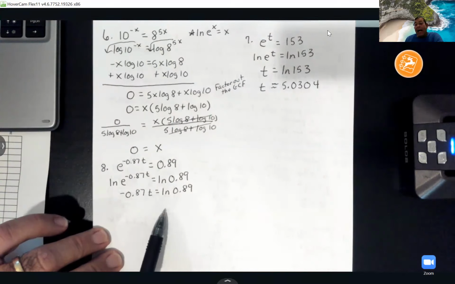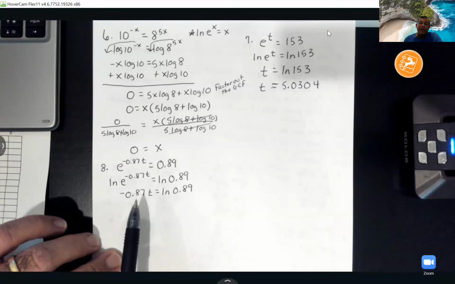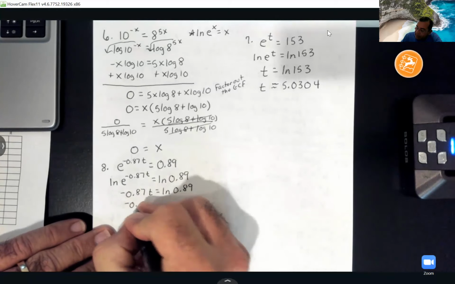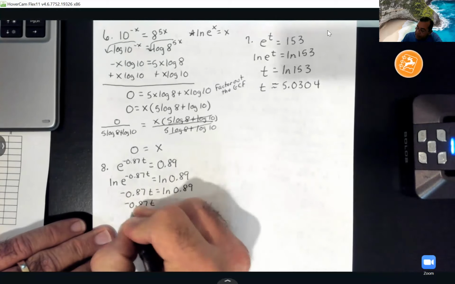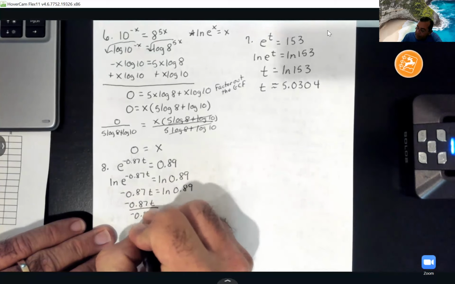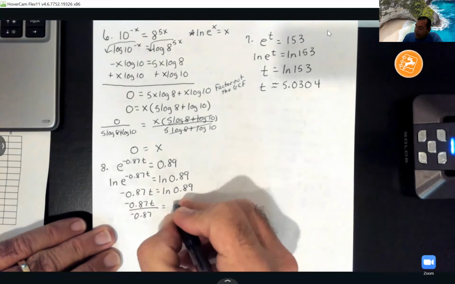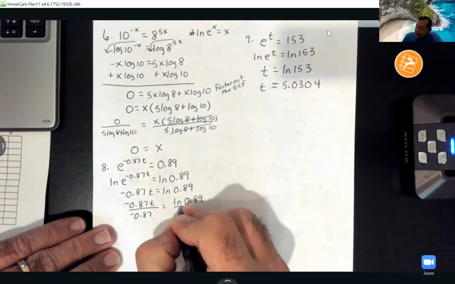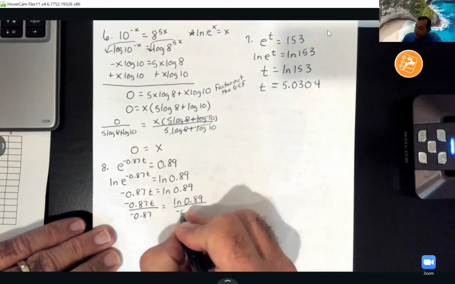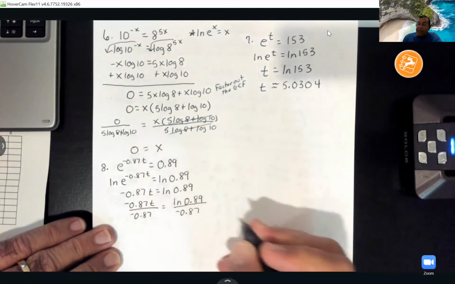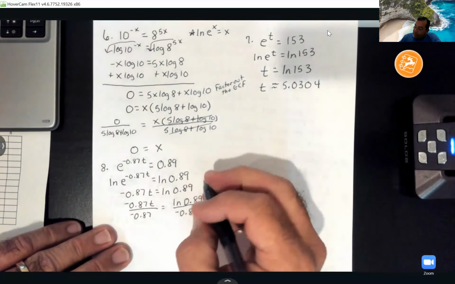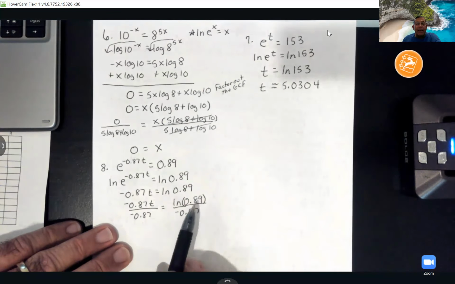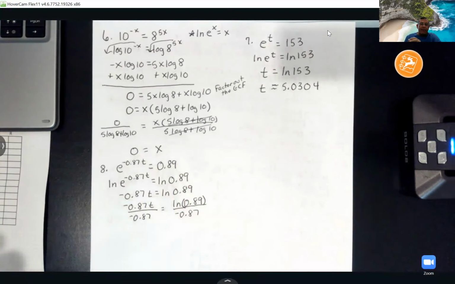So we're going to divide both sides by the negative 0.87, and that'll equal my ln of 0.89 divided by that negative 0.87. Now this one, remember, shut those parentheses around that ln when you punch it in that calculator.